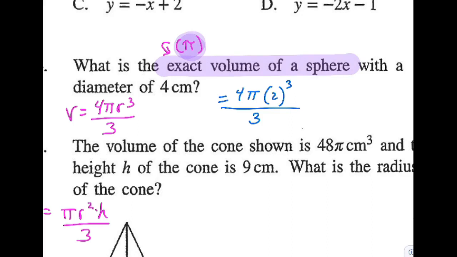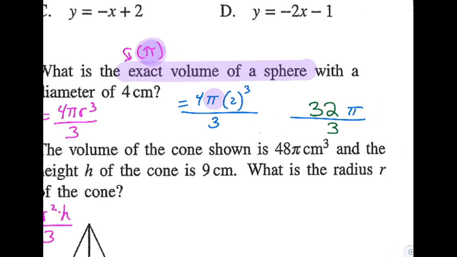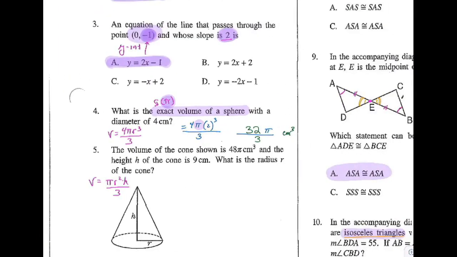We're going to ignore the pi and put that just in the answer down here. So we're really going to just do 4 times whatever 2 cubed is, divided by 3. 2 cubed is 8, times 4 is 32. So we have 32 pi over 3 cubic centimeters. 32 thirds really doesn't reduce, so let's leave it like that.